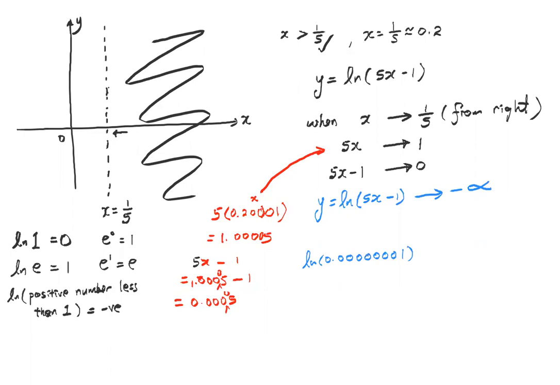You get a very negative number. So this part is the answer for part E. Are you clear? Any question? So the rest all are okay?